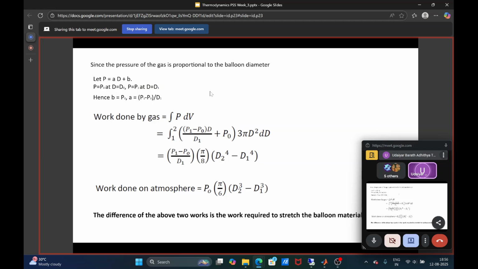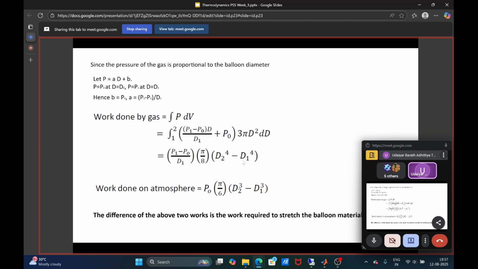So we convert into diameter, and then differentiate with respect to volume, what you end up with is 3 pi d squared into d times d, the derivative of diameter. So integrating this, you get (P1 minus P naught) by d1 into pi by 8 into (d2 raised to the 4 minus d1 raised to the 4).